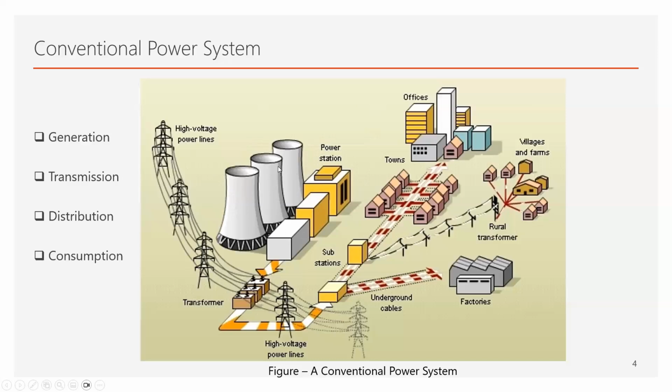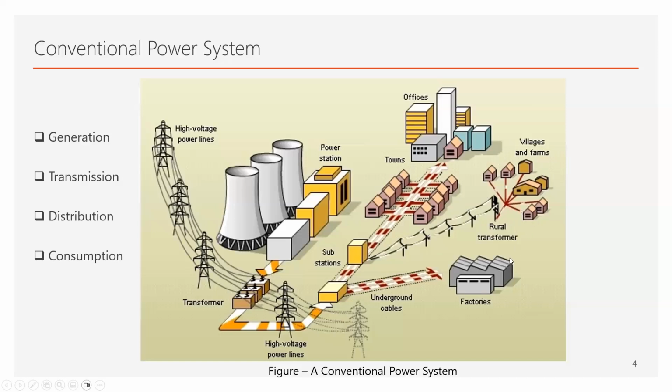If you look at the loads, there are 2 or 3 types of loads. These are commercial loads, that means offices, huge buildings, commercial spaces, like shopping malls and big offices. This is a village and farm, rural area electrification, these are residential areas, these are factories.